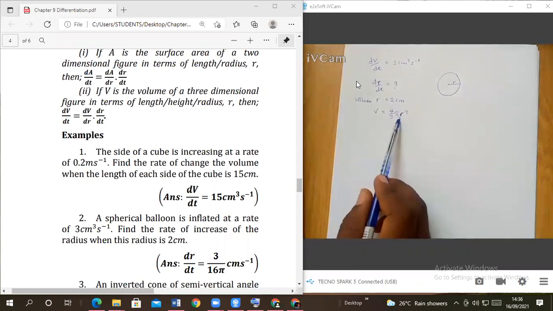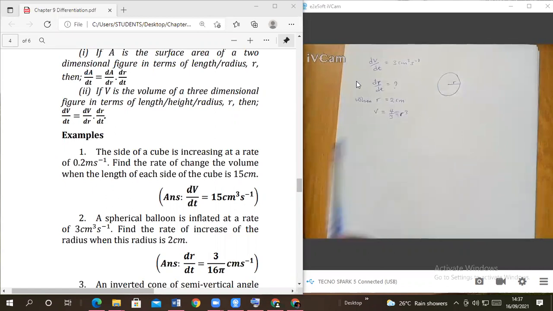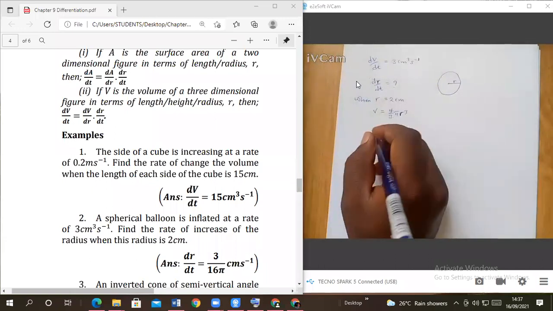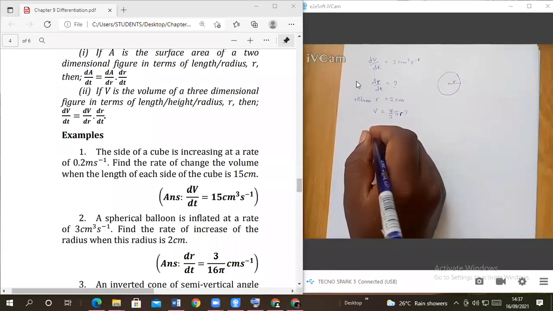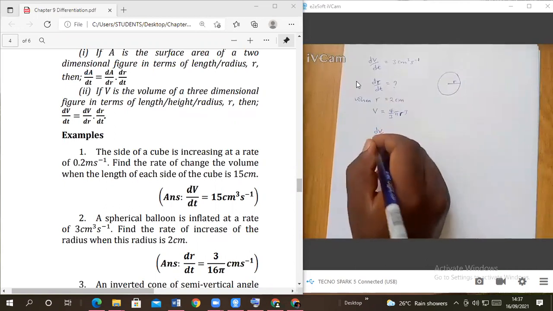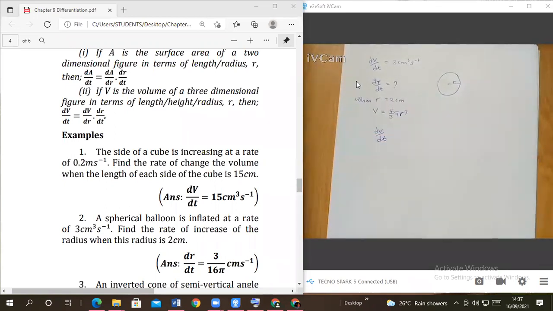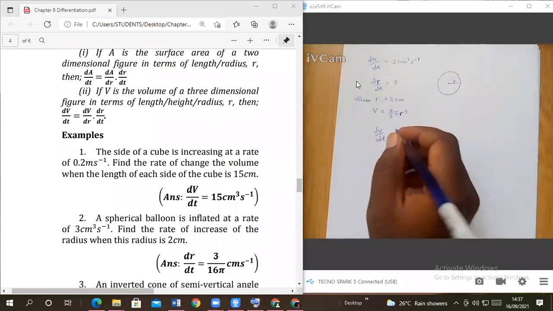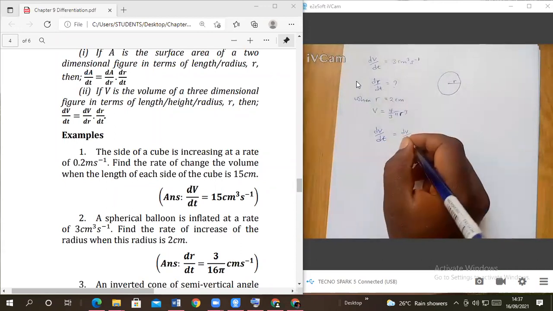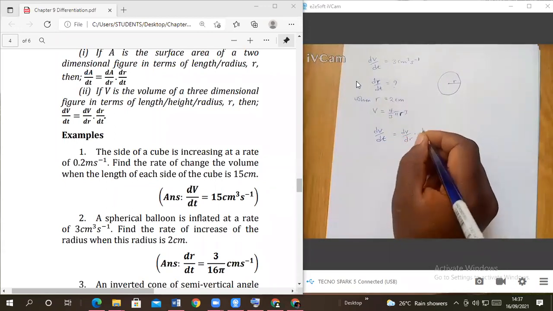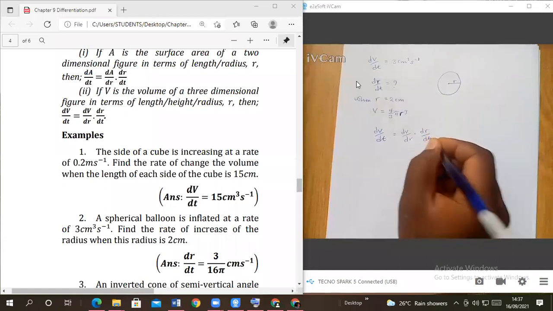The derivative of v with respect to r, which we can apply in our formula provided by the chain rule to find the dv what? The dv dt. So in our chain rule, we know that if we are to find the dv dt, the rate at which the volume is changing, then this is given as dv dr times dr dt.